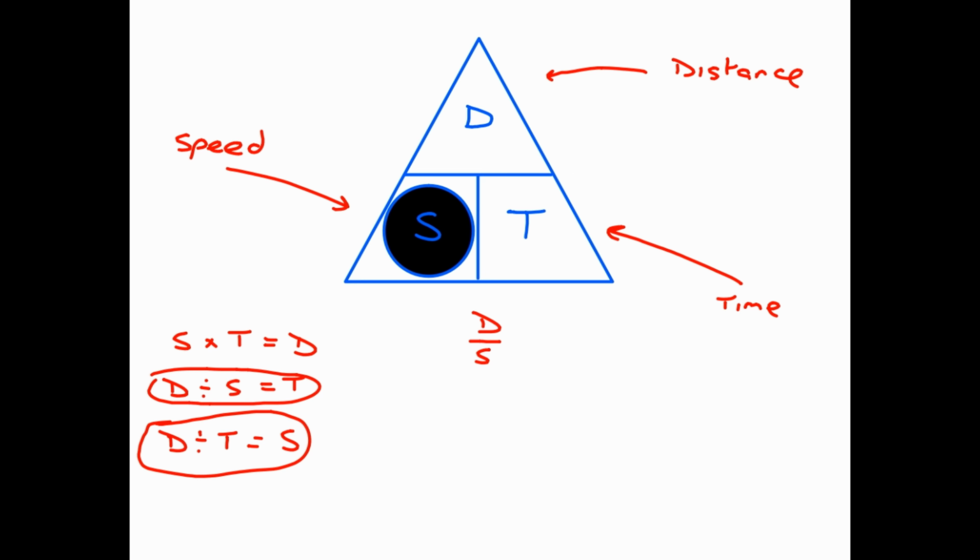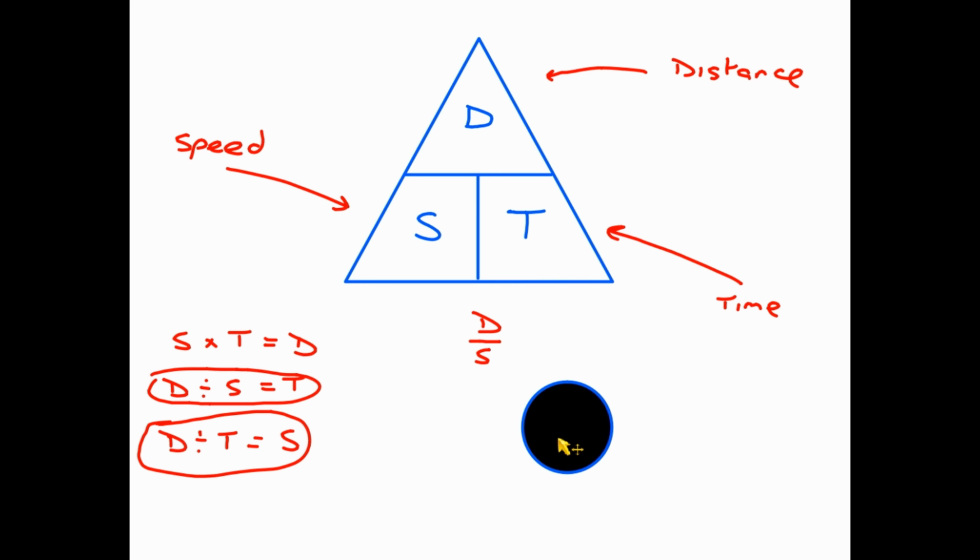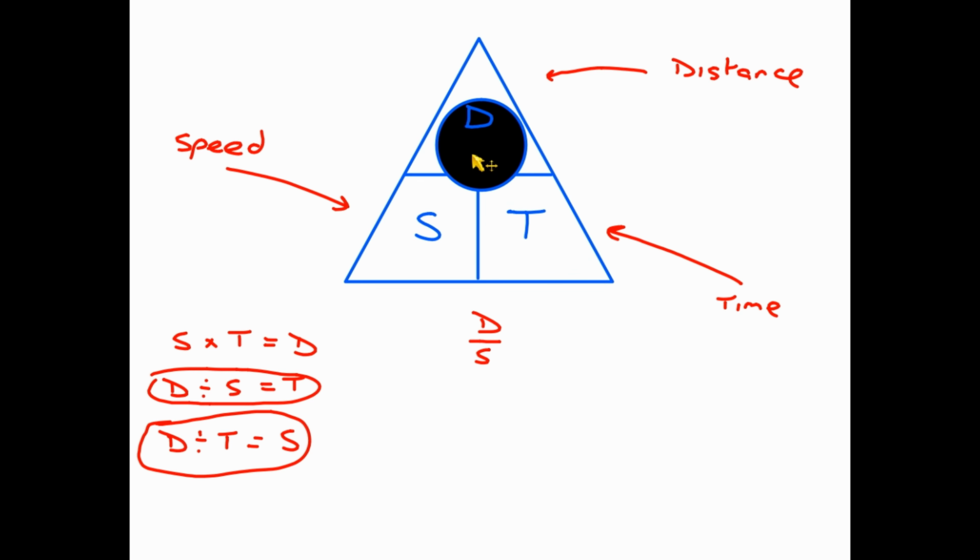Let's say the question is giving us the speed and the time and asking for the distance. You put your thumb over the D and we are left with S T, speed multiplied by time. That gives you distance. So speed times time equals distance.